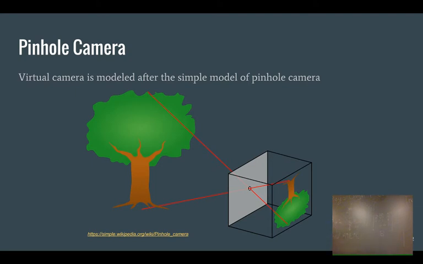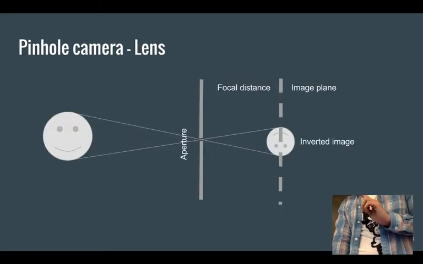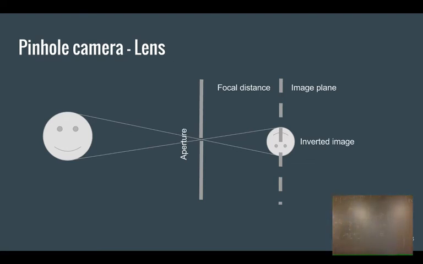A pinhole camera is just an imaging device that is usually like a dark box like this, with a backboard. This is usually called an image plane, and this is a pinhole. So everything you see outside in the real world will get projected back into the image plane of a pinhole camera. So we usually start with this model for camera.